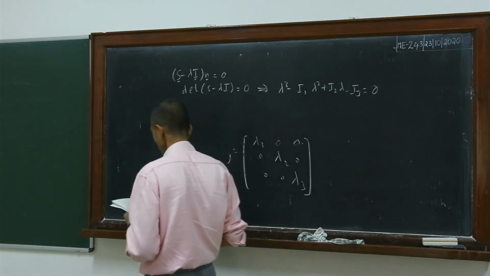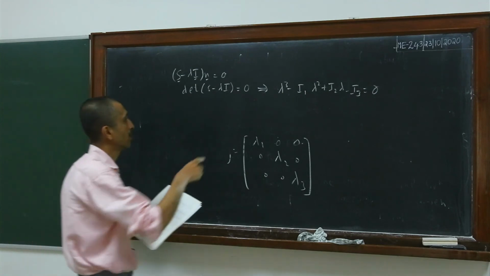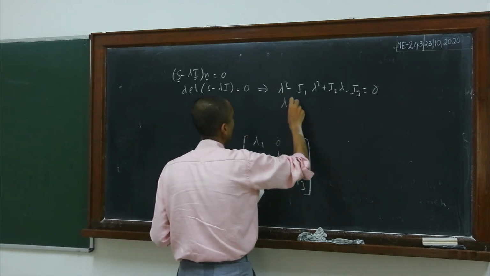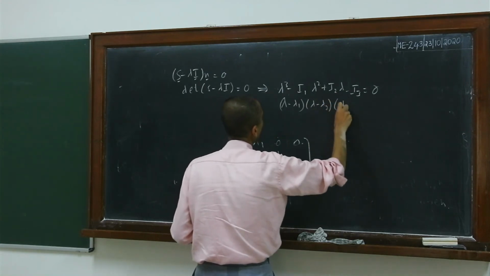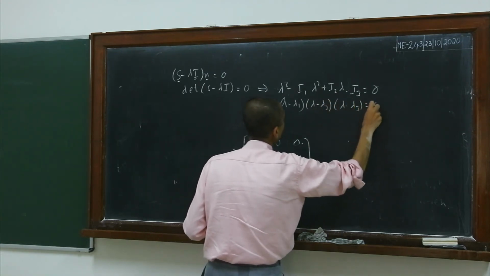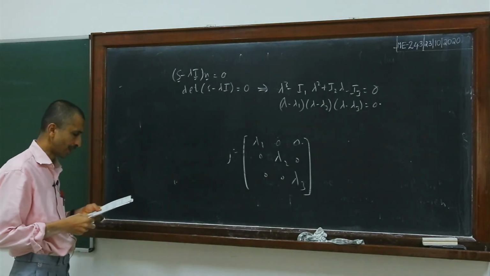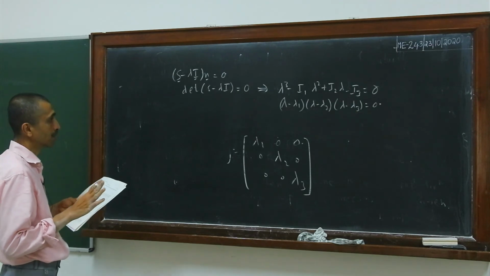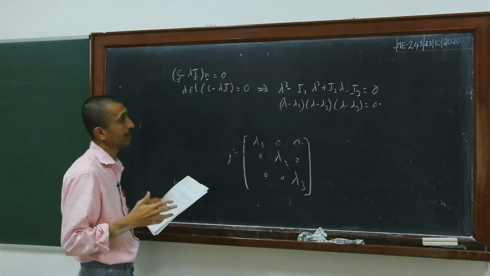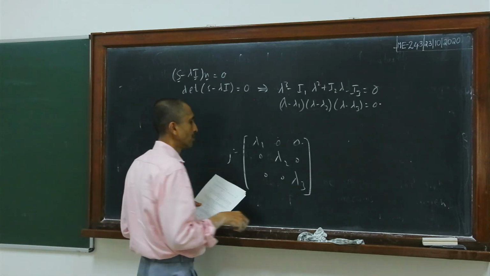This is the characteristic equation, so it will have 3 roots. You can write this as (lambda minus lambda 1)(lambda minus lambda 2)(lambda minus lambda 3) equal to 0. That will give you 3 eigenvalues. So that shows there are 3 eigenvalues, but we have not yet shown that these eigenvalues are real. So let us look at that.